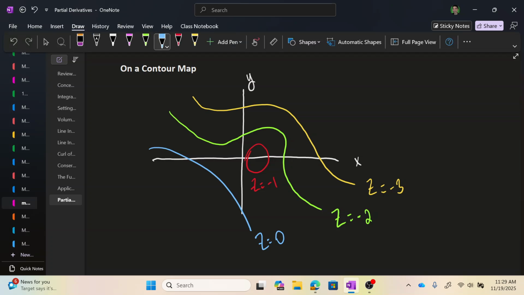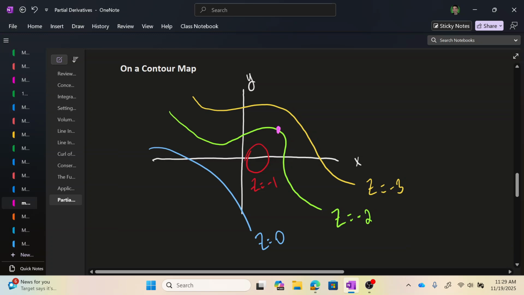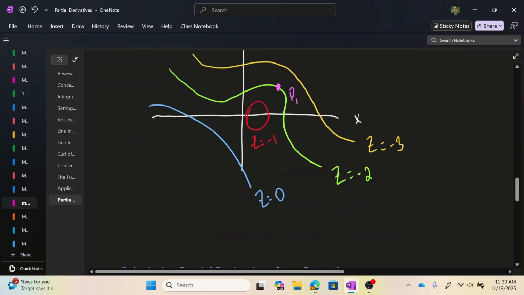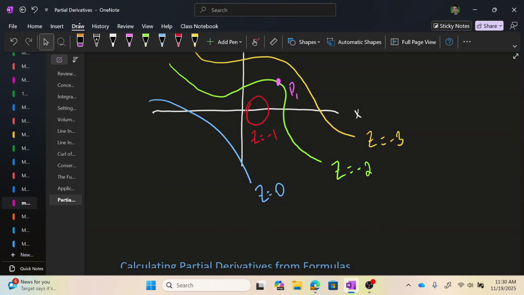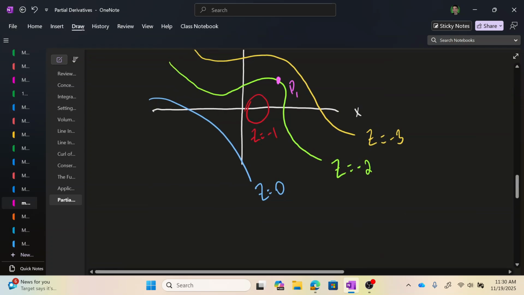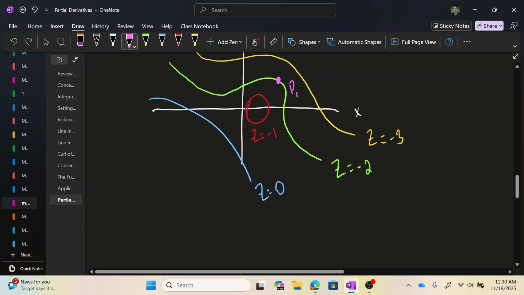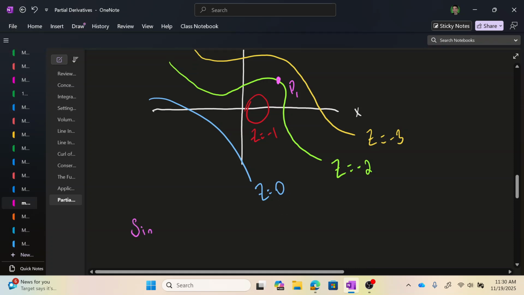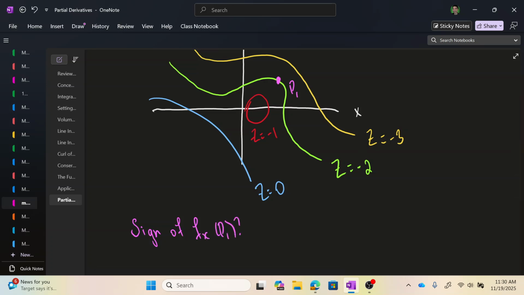And let's suppose that I mark a certain point on this contour map, say this point right here, which I will call P1. And I can ask, for example, the question, what are the signs of the partial derivatives as calculated at that point, calculated at the point P1? So I can say, for example, what is the sign of f sub x as calculated at this point?